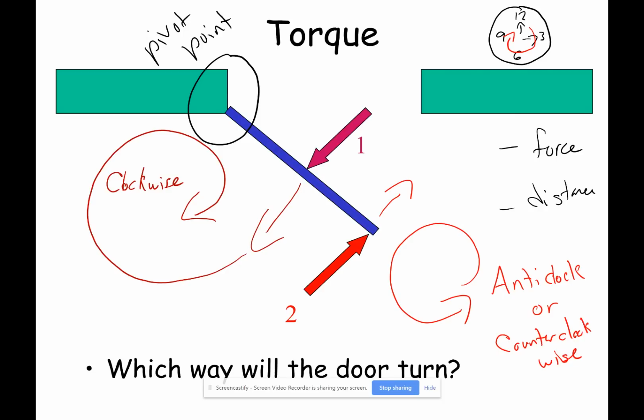And then, of course, the opposite would be anti-clockwise or counterclockwise. So knowing where the pivot point is and knowing which way the force is trying to turn the object are two very important things.